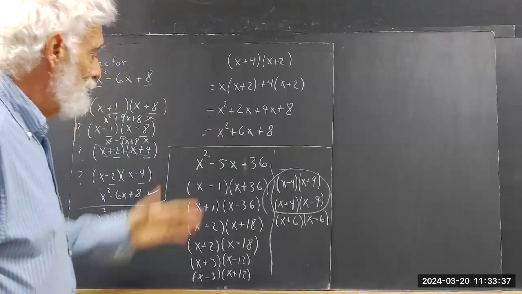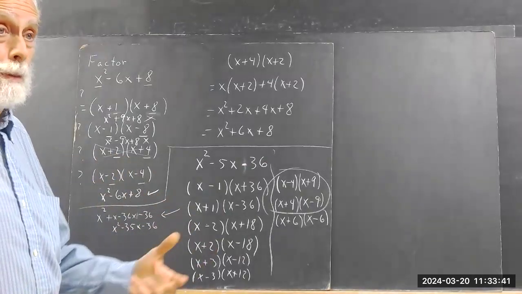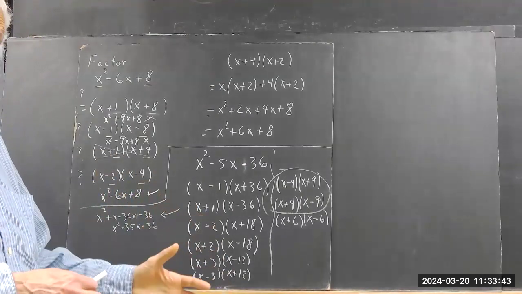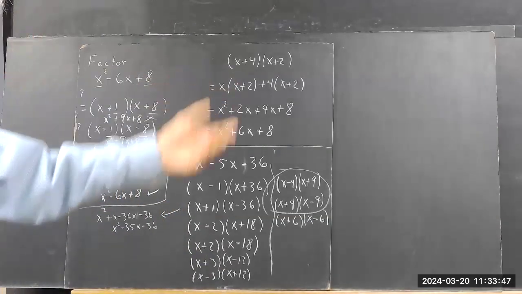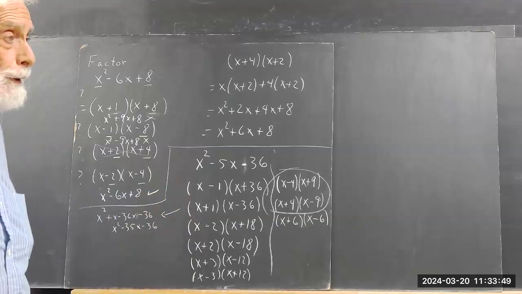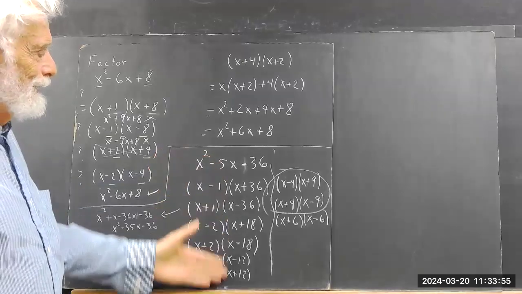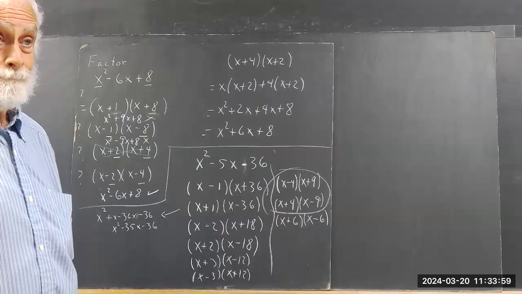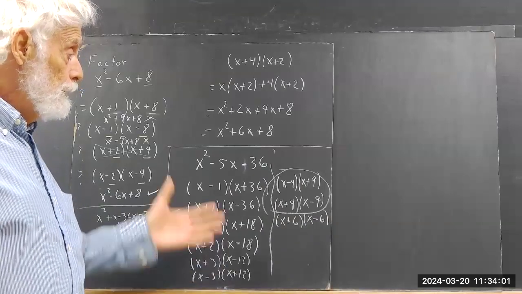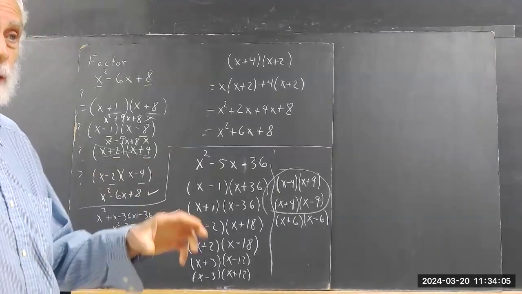Now, if we don't, just multiply all these out. Pretty soon you're going to get tired of multiplying them out, and you're going to see why some things work and some things don't. Now, your book gives you rules. You can remember those rules, but you're more likely to remember this scheme than those rules, until you've used this scheme several times and start understanding why the rules are what they are.